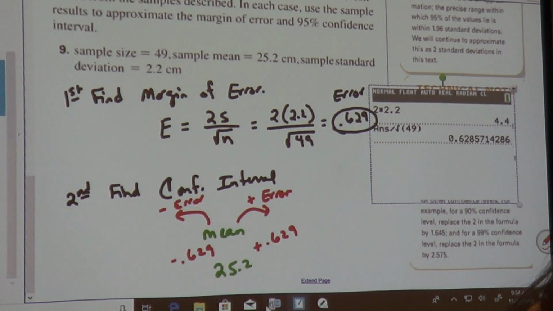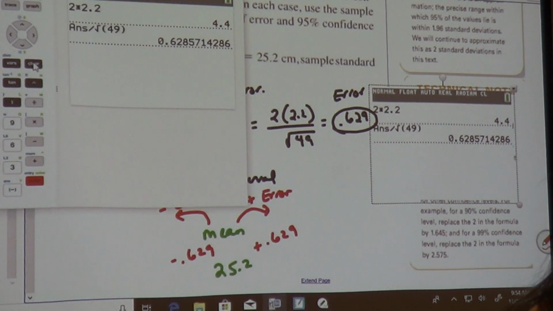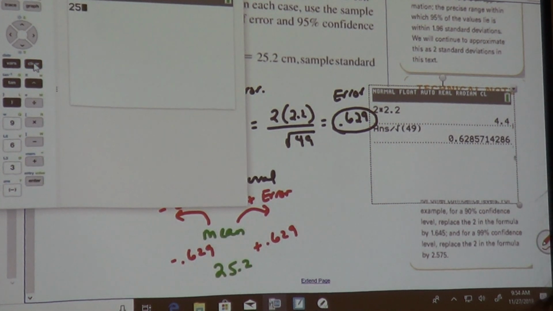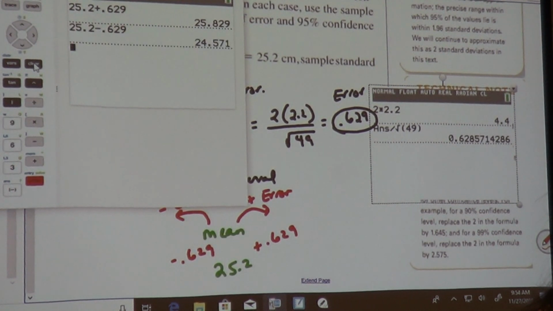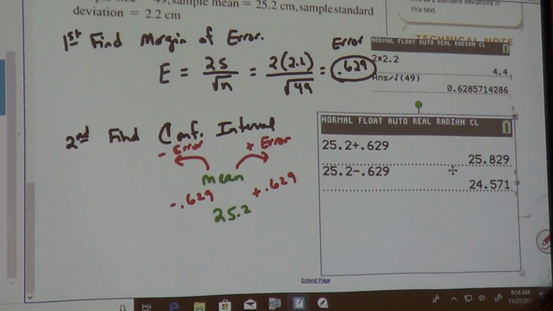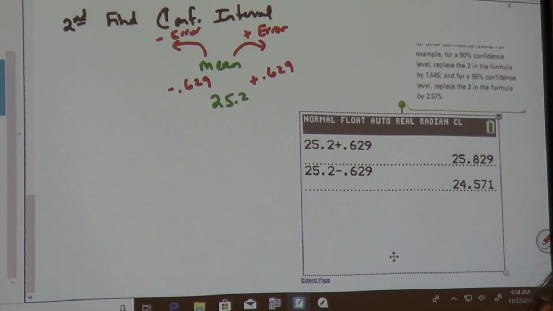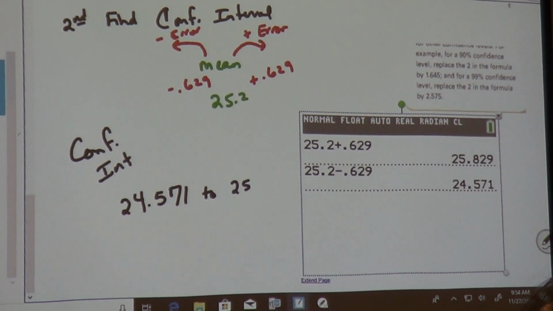So my confidence interval is going to be from 24.571 to 25.829.